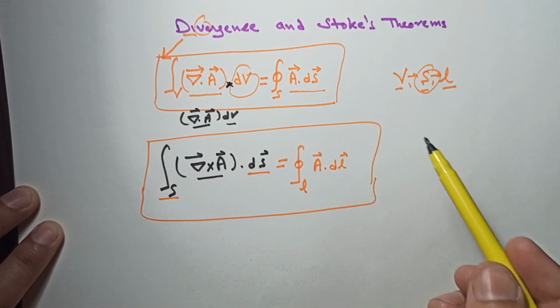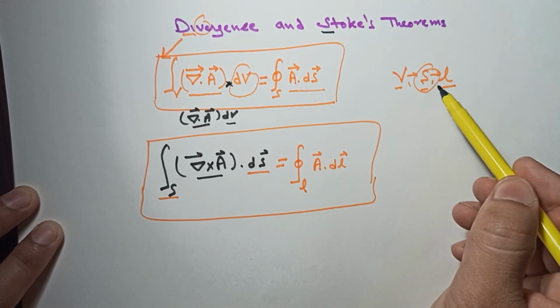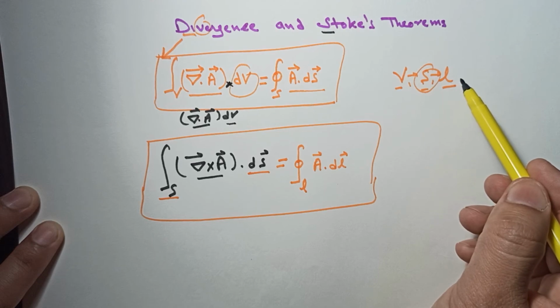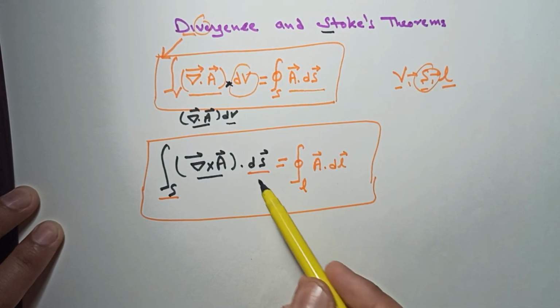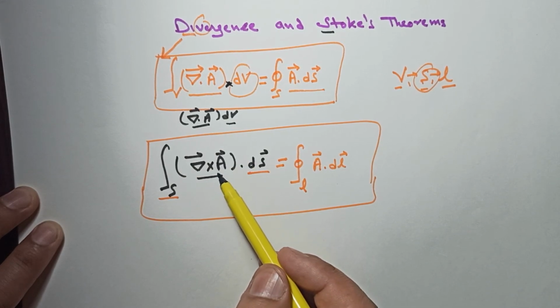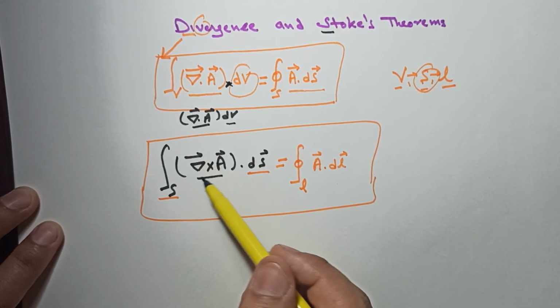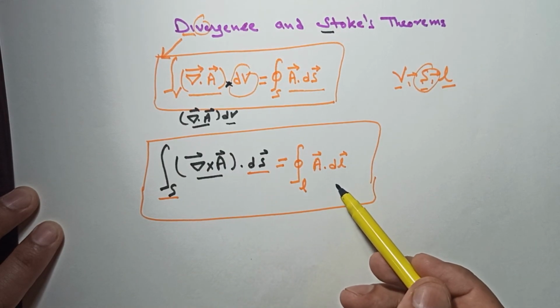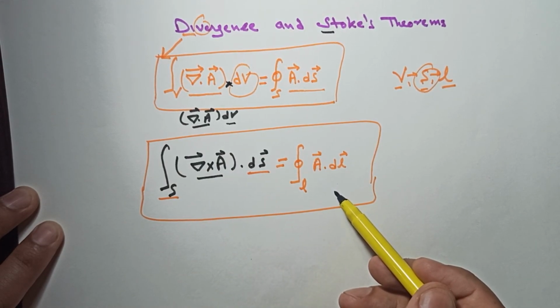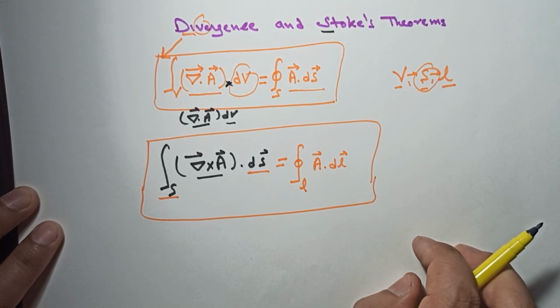Again, the Stokes theorem converts the surface integral to the line integral. We have already taken the divergence, so here we will have the curl. The surface integral of the curl of any field is converted into the line integral. So this is the short trick to remember the divergence and Stokes theorems.